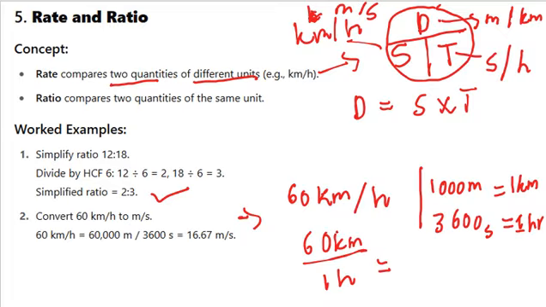So you replace this kilometer with meters. You're going to have 60 multiplied by 1000 over 1. What is an hour in seconds? It's 3600.